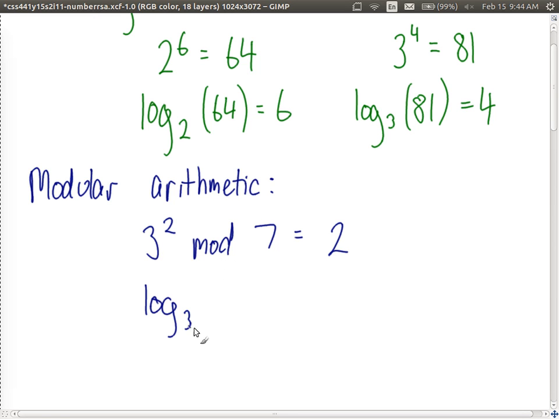The way we write it commonly is 3, and there's another parameter here, 7, the modulus n. The logarithm with base 3 mod 7 of 2, the answer, equals the exponent 2.